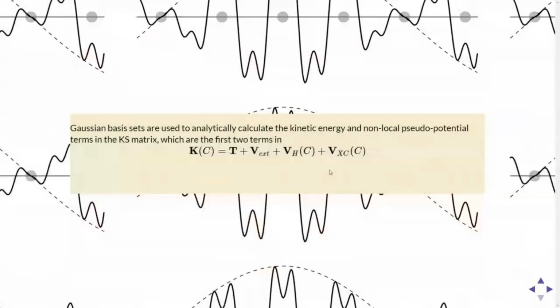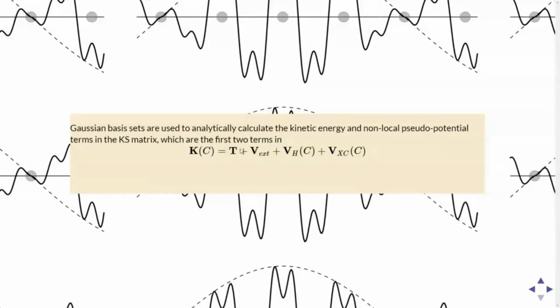And then at the end, using these basis functions, we have to represent the kinetic energy, pseudopotential or any external fields, the electronic electrostatic energy, and the exchange correlation energy. So the first three terms can normally be represented in terms of analytical integrals over the Gaussian functions.